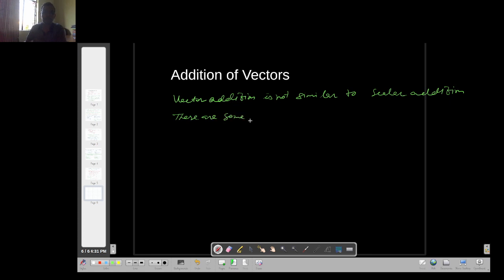There are some laws which govern vector addition, and these are known as laws of vector addition.